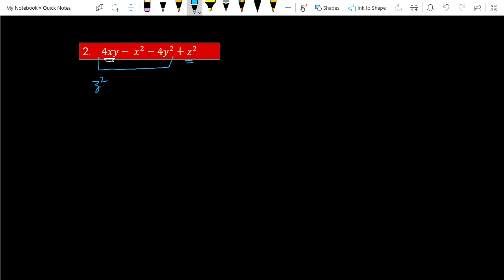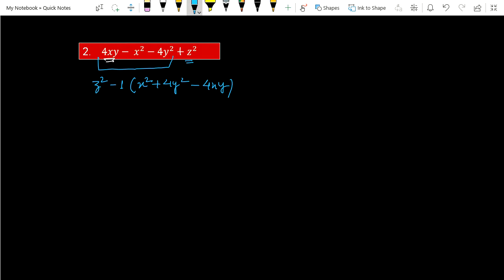Now taking common minus 1 from all these three terms which are collected, so x square negative should be positive automatically. 4y square which was negative should be positive 4y square, and 4xy should be negative because it was positive.